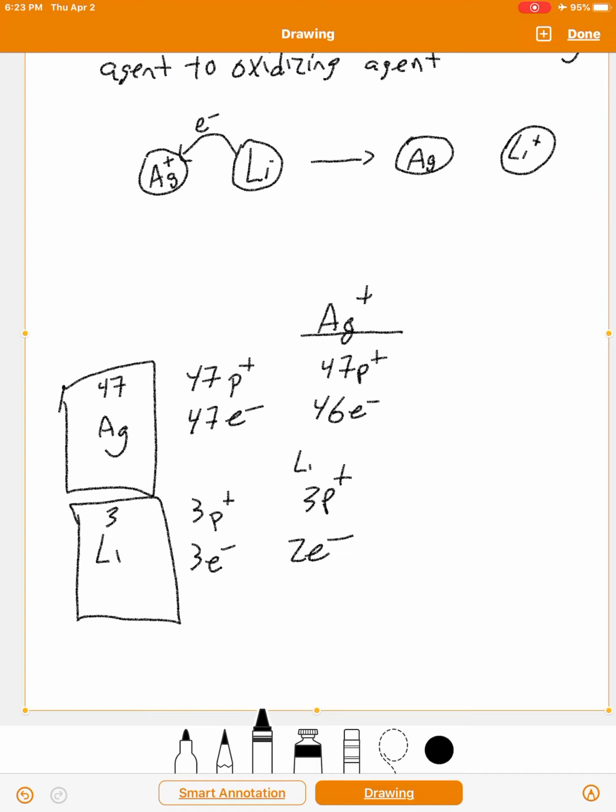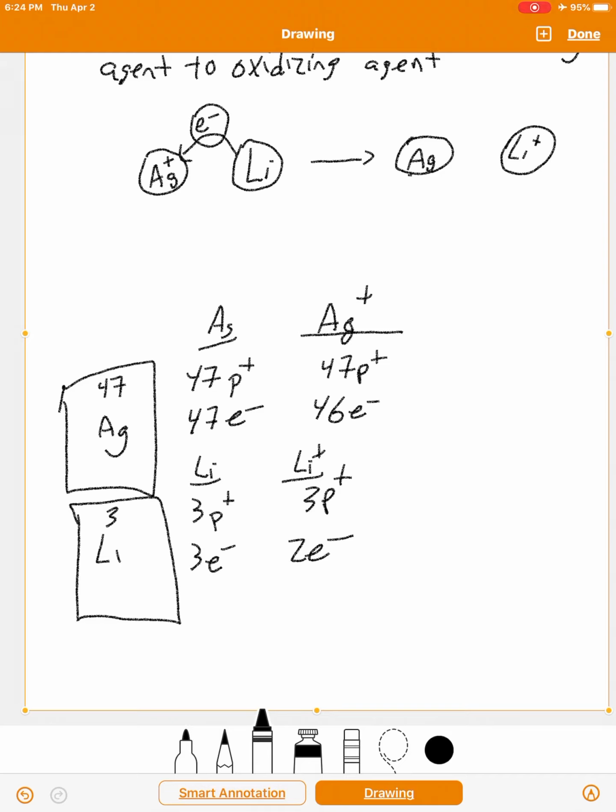So you see Li+, as opposed to Li, has 1 extra proton. That's why it has a positive charge. So when the lithium donates this electron to the silver ion, now you have a silver atom, which is neutral, and you have a lithium ion.